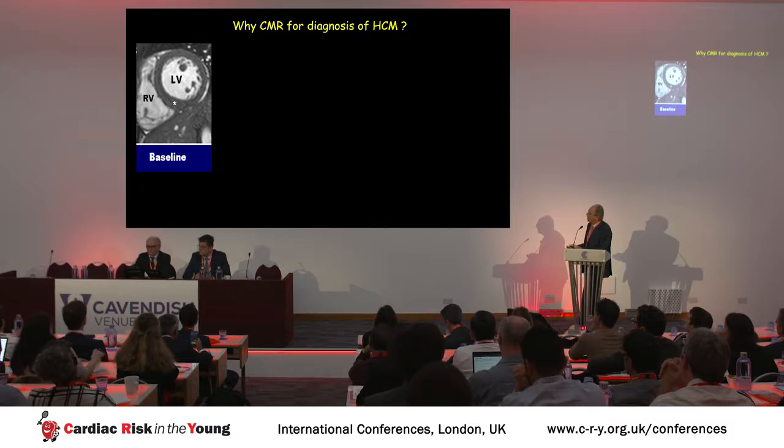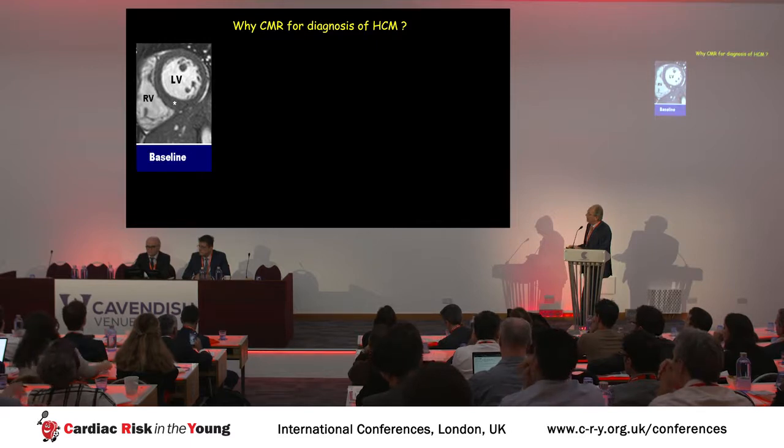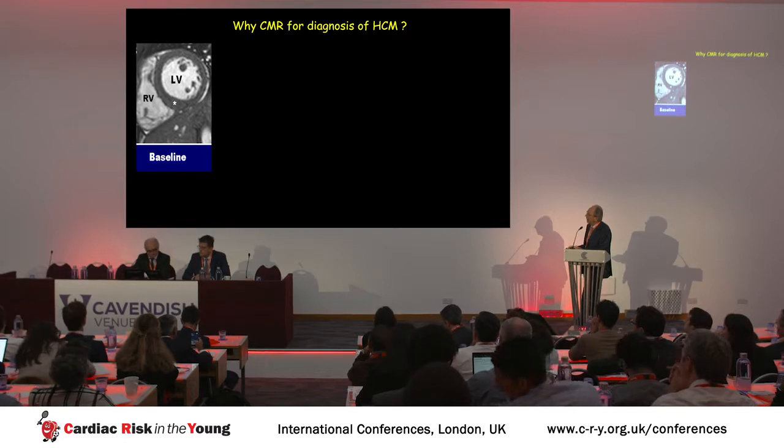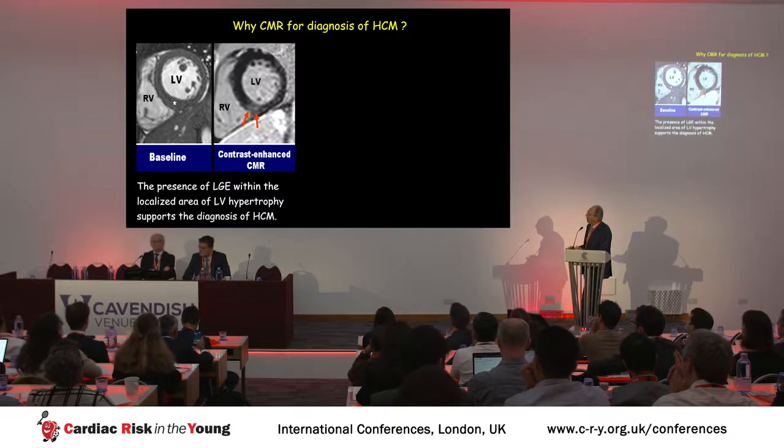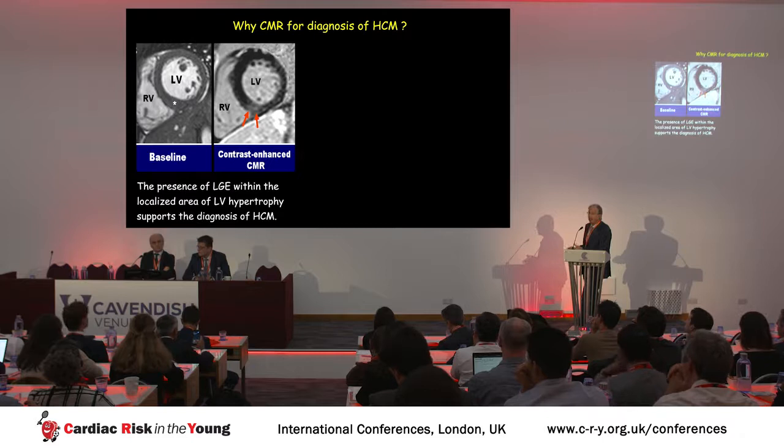Please consider this case: a young athlete, asymptomatic, with mild segmental left ventricular hypertrophy in this particular area at the junction with the right ventricle, which was questionable evidence for hypertrophic cardiomyopathy. However, the presence of late gadolinium enhancement in the same area reinforced the suspicion for hypertrophic cardiomyopathy.